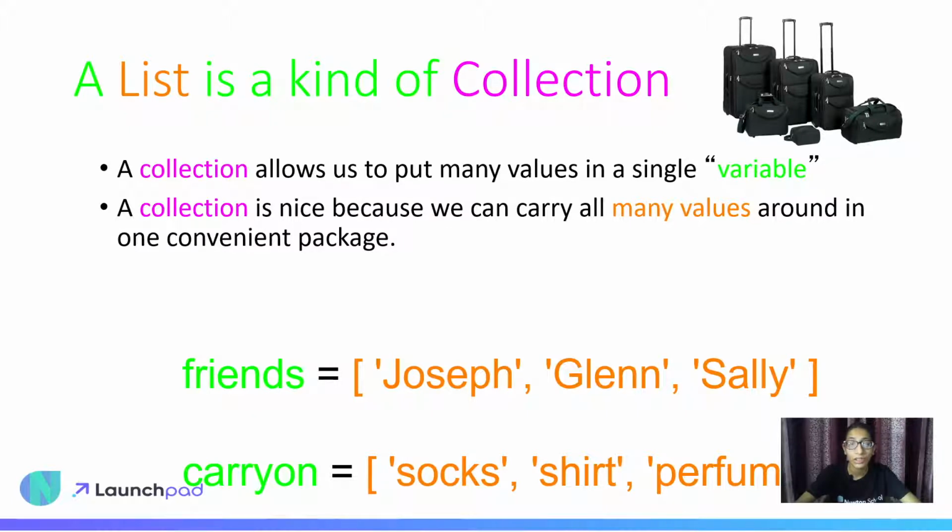Suppose we have a lot of bags, similar to each other: a duffel bag, a pouch bag, a trolley bag, or a backpack. They all come under the bags category, but the collection is different. That's how we know a list is a convenient collection of items.